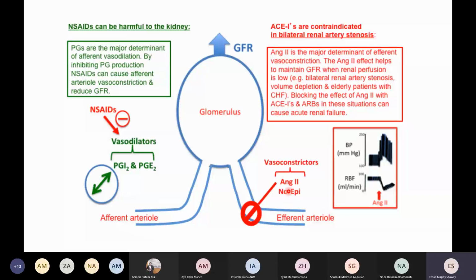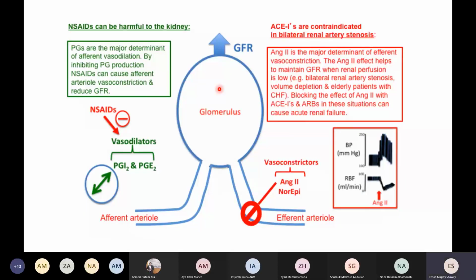This is why in the case, when the patient took an ACE inhibitor, the renal problem aggravated and the patient presented with AKI, because the patient already had diminished glomerular perfusion. The idea, I think, is clear now.